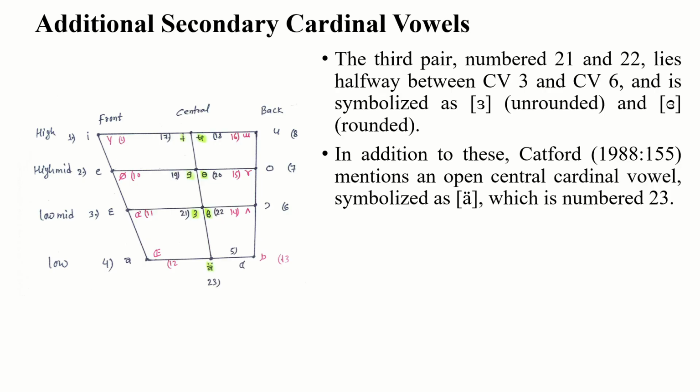So altogether there are 7. 7 plus 8, it means 15. 15 cardinal vowels are the additional, or let's say secondary cardinal vowels. First 8 are the primary, and the remaining are the secondary cardinal vowels.